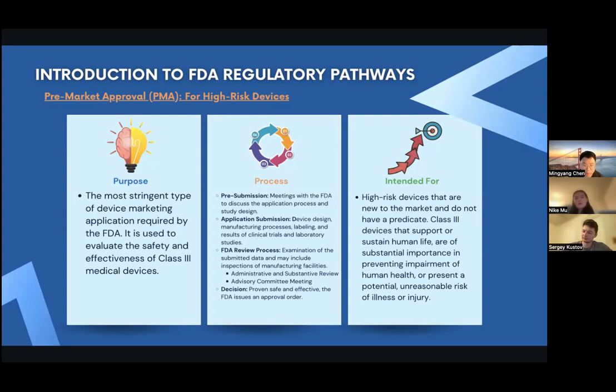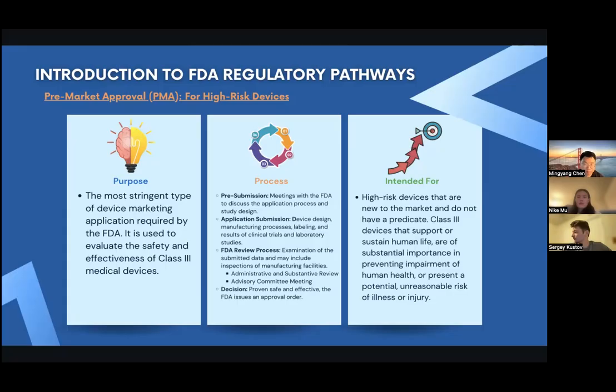Then we do the FDA review process, an examination of the submitted data, which may include inspections of manufacturing facilities, administrative and substantive review, and an advisory committee meeting. Then the last step is the decision: if proven safe and effective, the FDA issues an approval order.